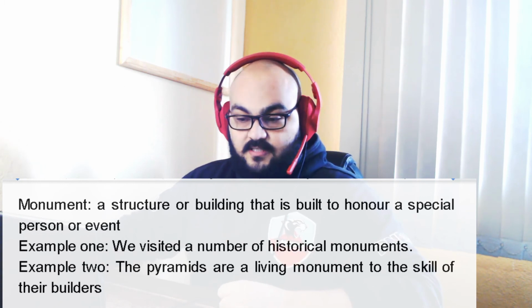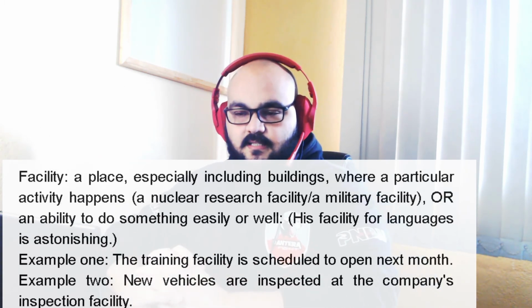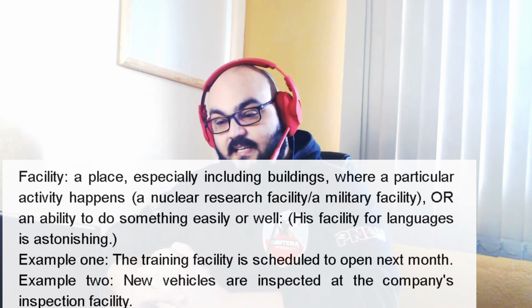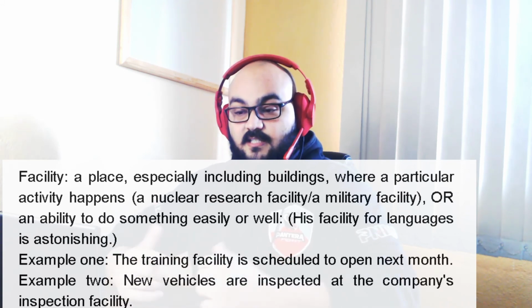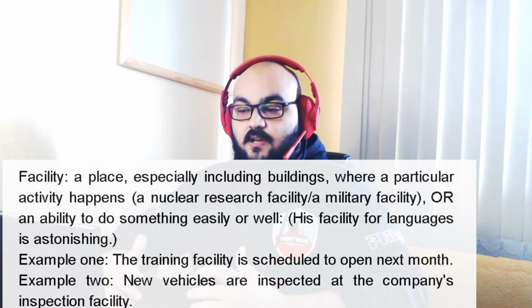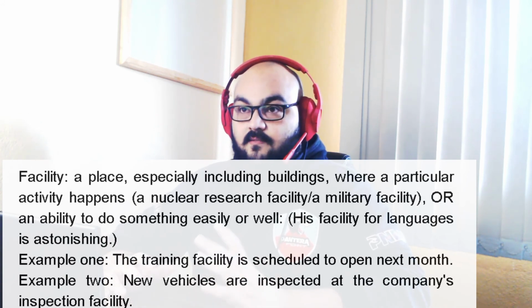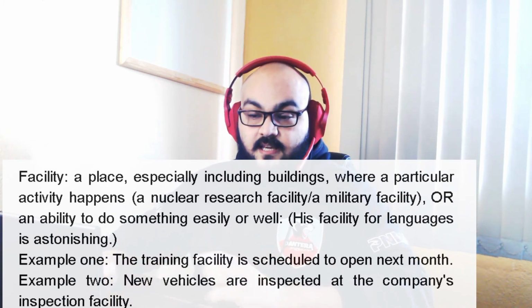Okay, let's go see another one. The next related vocabulary is this, facility. So facility has 2 meanings here. The first one is a place, specially including buildings, where a particular activity happens, for example, a nuclear research facility, a military facility.